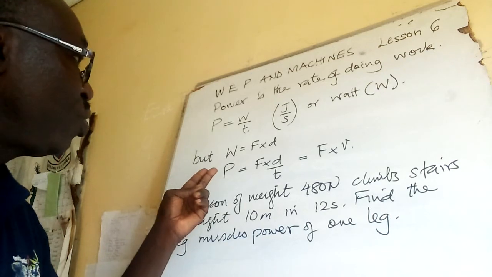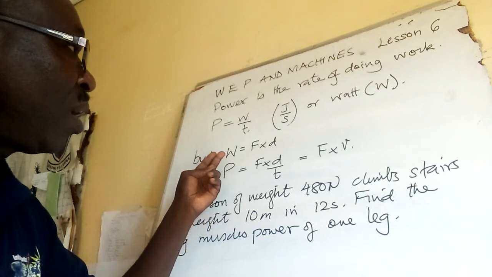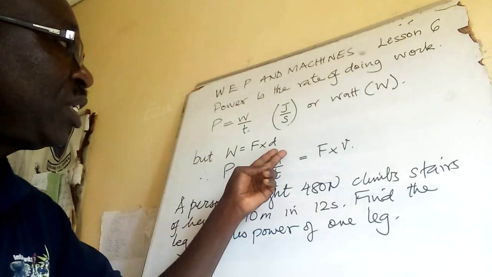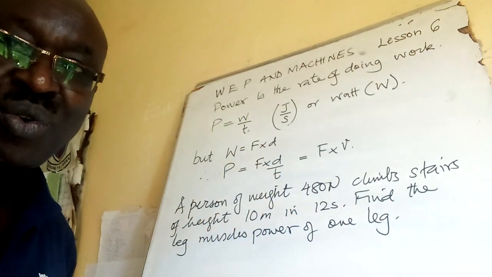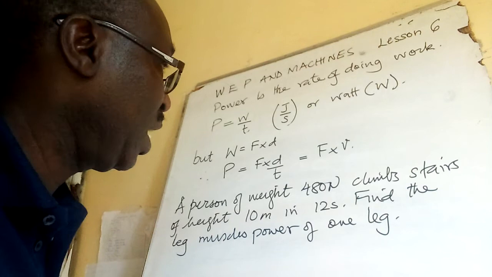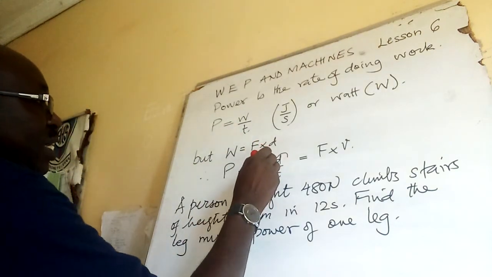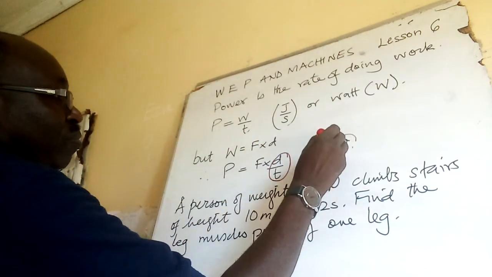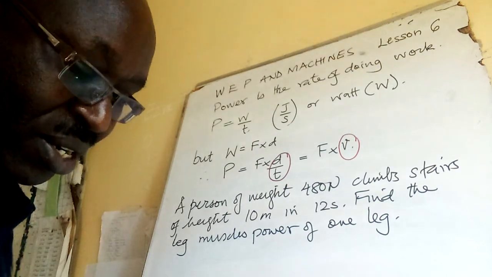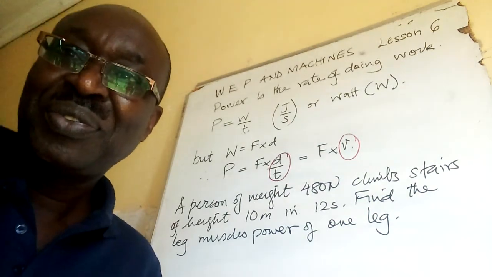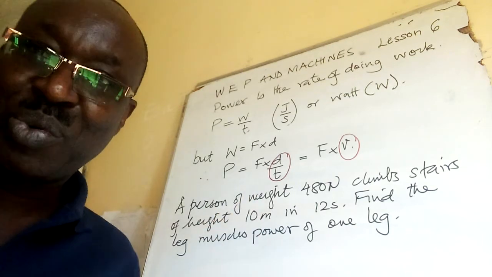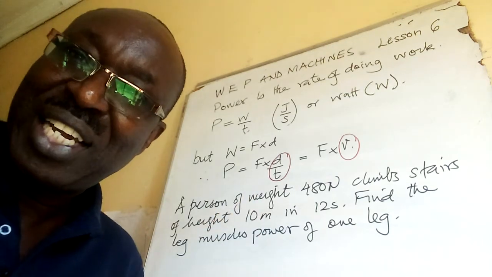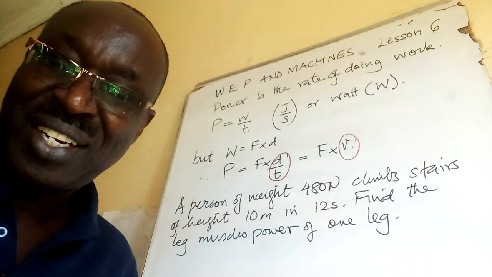Then you have power is equal to force times distance over time, and distance over time becomes velocity. It is a simple one. So let us look at a few examples because it is as short as that.